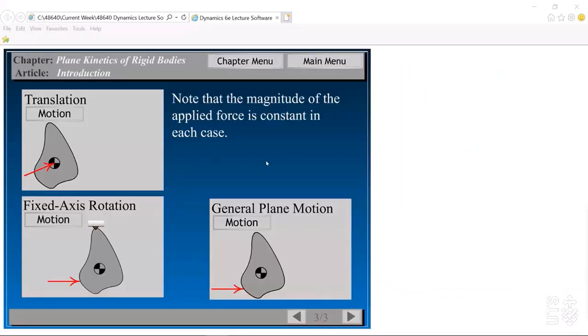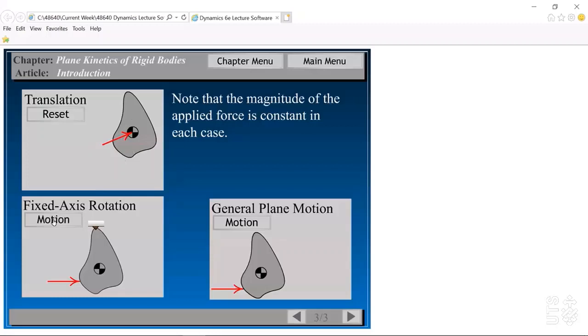Let's see 3 motions when a constant force is applied. So firstly, let's look at translation. Okay, this is the constant force, and in this case, this rigid body undergoes translation.